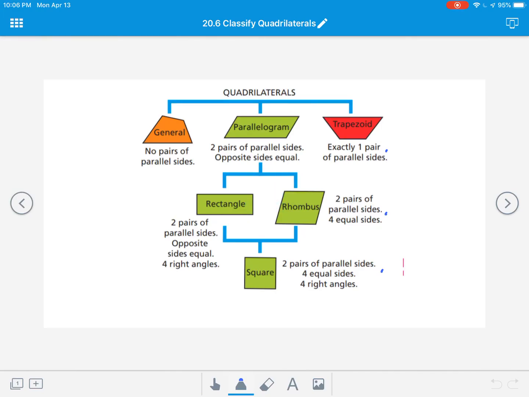So as you can see, there are different types of parallelograms. A rectangle is a parallelogram, which is also a quadrilateral. So if you follow the route up this way, it just keeps going up the steps. So a rectangle is a type of parallelogram that's also a quadrilateral.